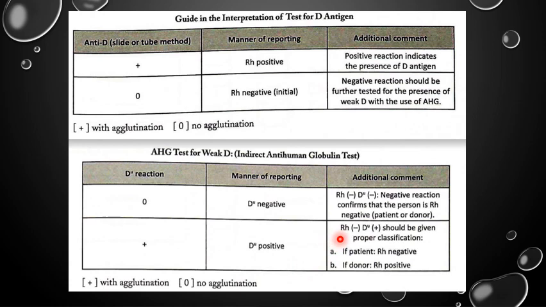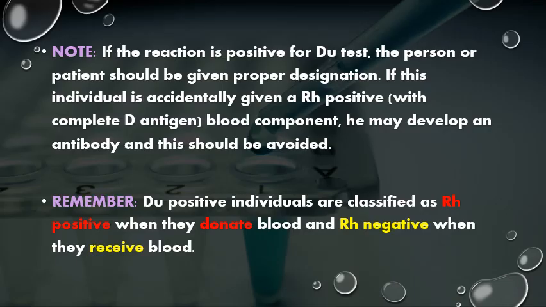So Rh negative, DU positive should be given proper classification. If patient, the result is Rh negative. If donor, Rh positive. Class, take note that if the reaction is positive for DU test, the person or the patient should be given proper designation.